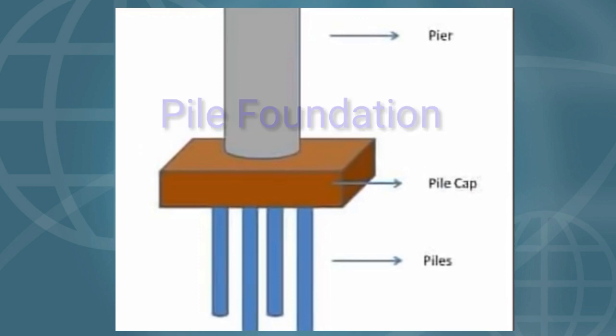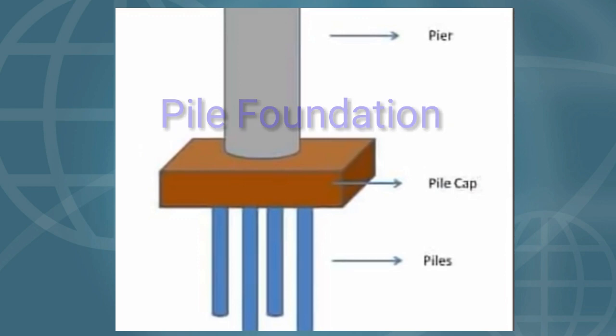Okay, so in what situations do we use pile foundations? Now I will explain. Pile foundations are used in the following situations. Okay, number one is when there is weak soil at the surface. In such situations we use pile foundations. This layer cannot support the weight of the building because the soil is weak.